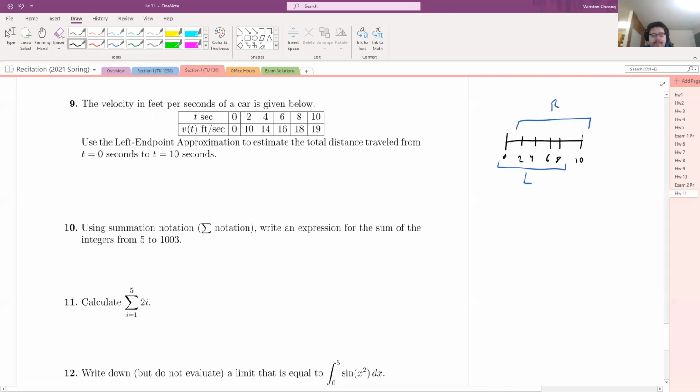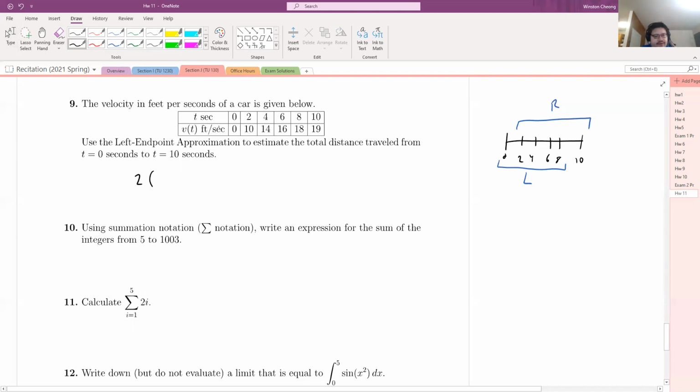So let's go ahead and calculate this total distance. So the idea is we need to integrate this velocity function, and we would approximate this using rectangles. And here in this problem, the rectangle's width is 2 because the time step is 2.